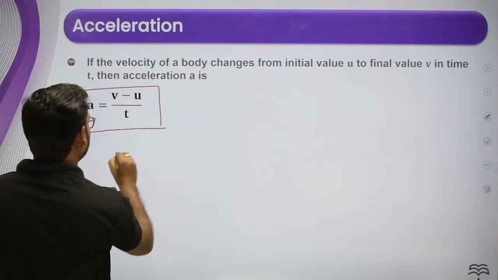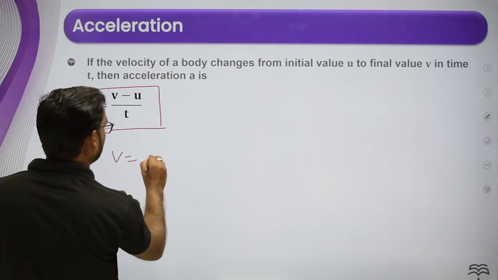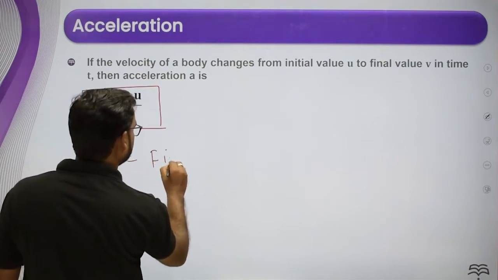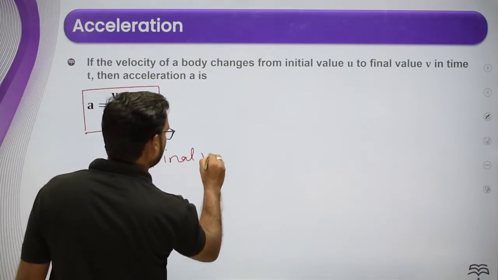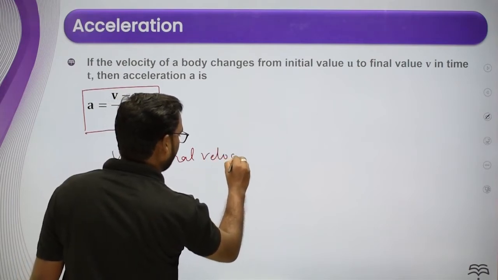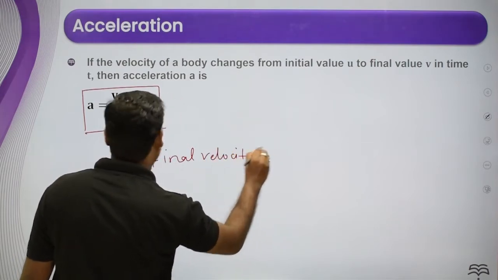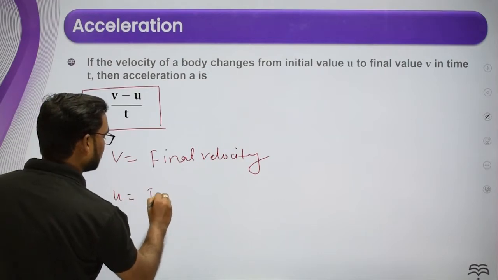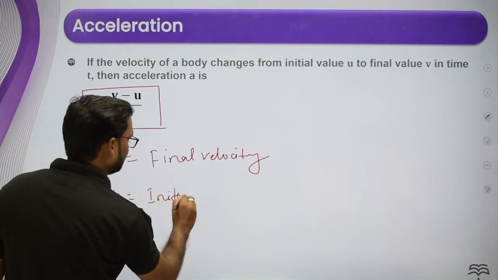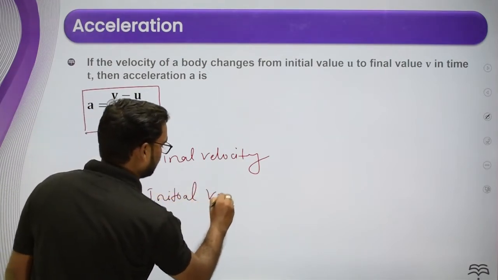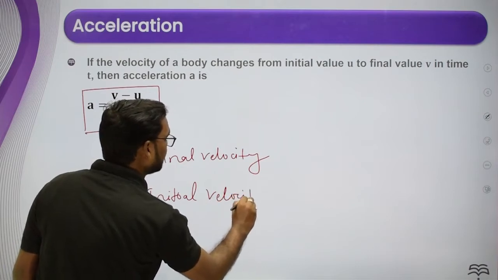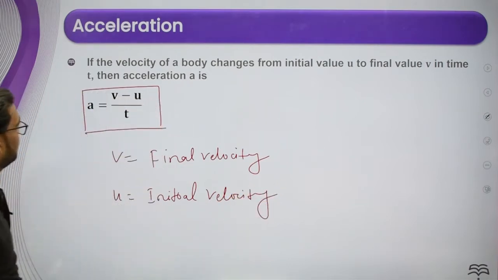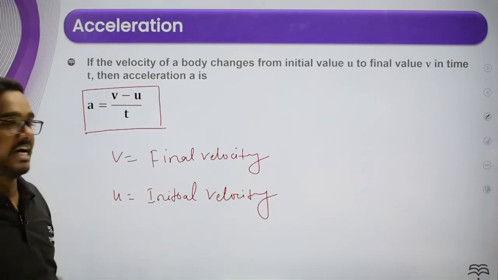Here v is the final velocity of the particle, whereas u is the initial velocity. So this is the ratio of change in velocity with respect to time.